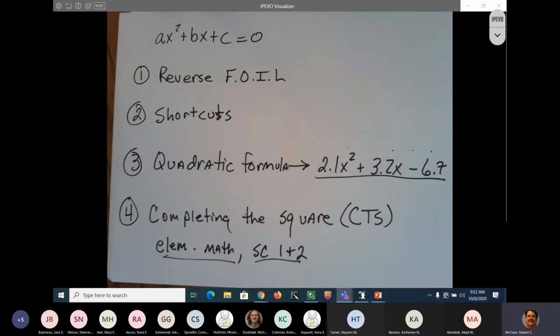Does anybody know why the hands are like all over the place? Somebody tell me why. Why do they teach the quadratic formula and not teach completing the square? You can take your hands down now. Anybody want to tell me?